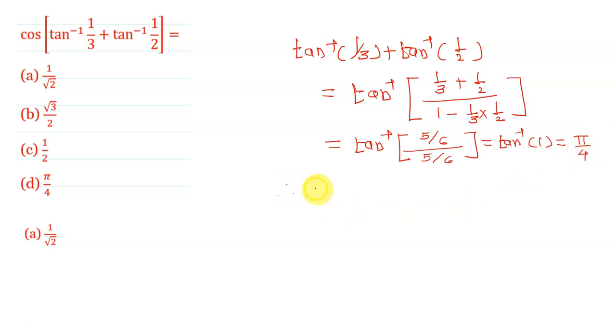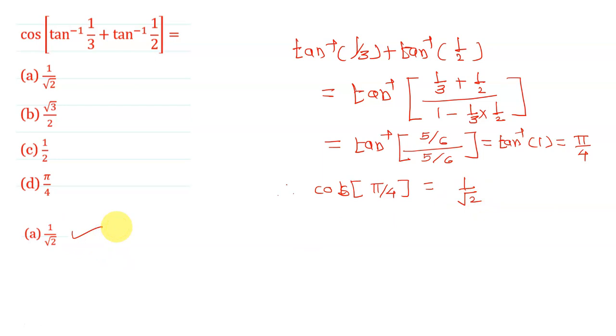Therefore the value of cos of tan inverse of 1 by 3 plus tan inverse of 1 upon 2 is cos of pi by 4, and that is equal to 1 upon root 2, and hence option A is the correct one.